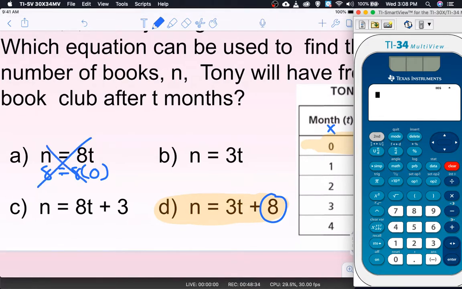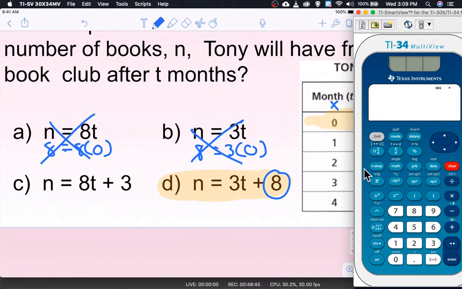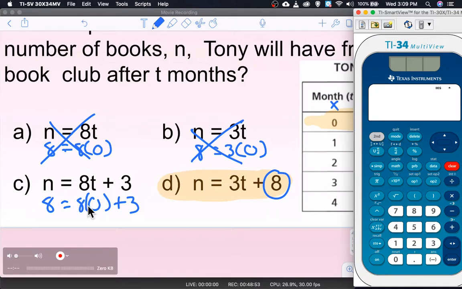If I plug in 0 for t and 8 for n, does 3 times 0 equal 8? Nah. If I plug in 0 for t and 8 for n, does 8 times 0 plus 3 equal 8? No, because 8 times 0 is 0. 0 plus 3 is 3.